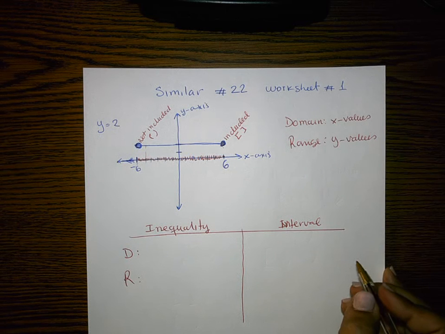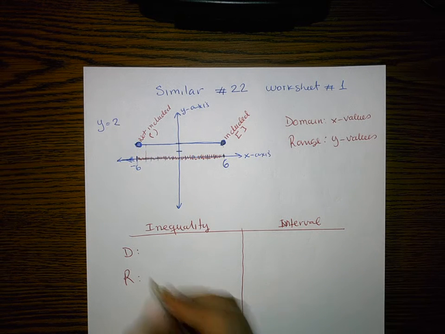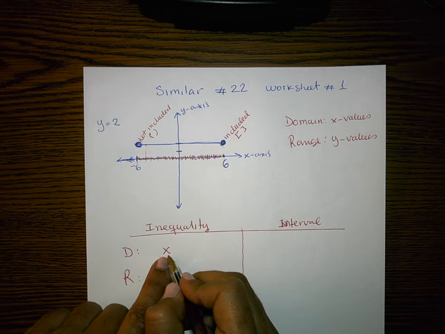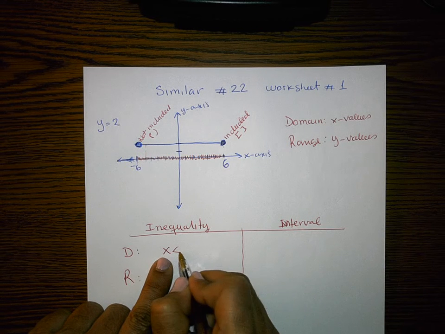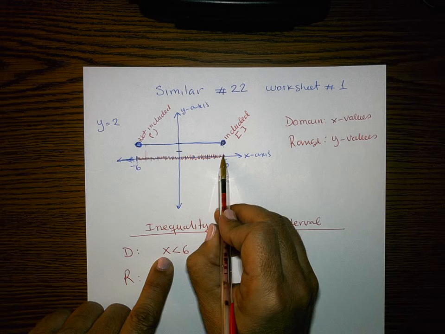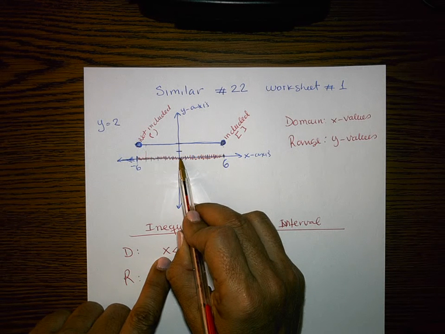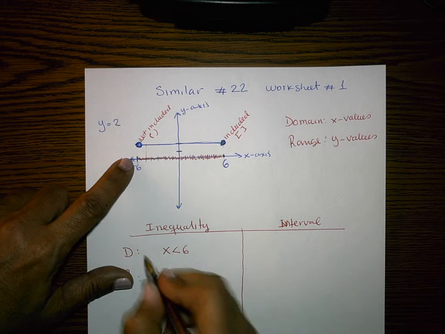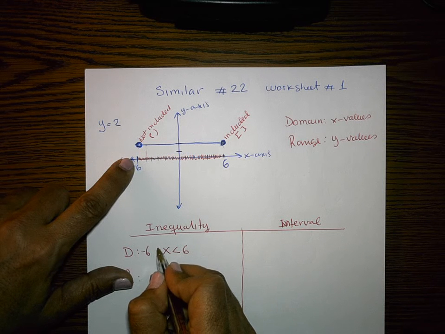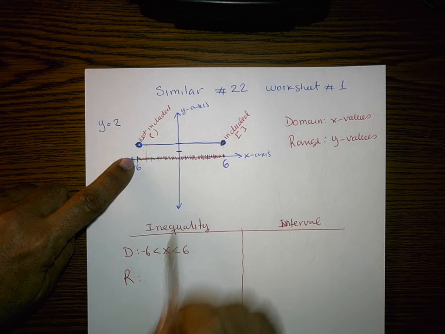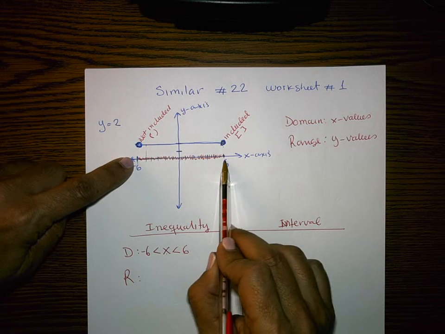So let's talk about the domain. It looks like it's all of the x values that are less than 6, right here, less than 6: 5, 4, 3, 2, 1, 0. But -6 is less than all of the x values. So it looks like the x values are between -6 and 6, right?